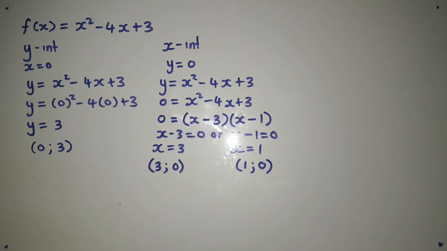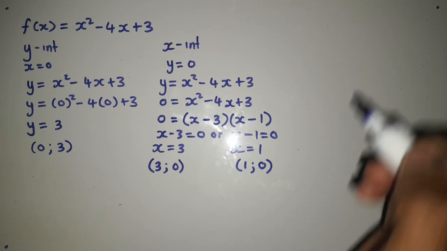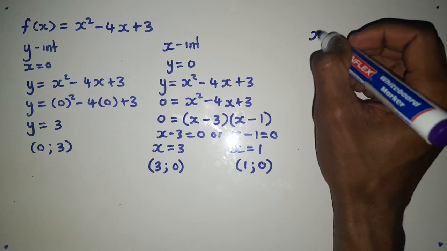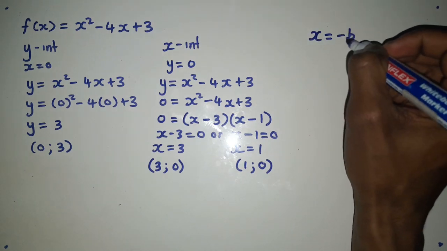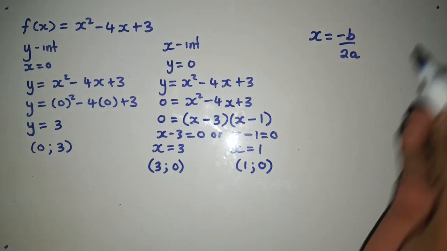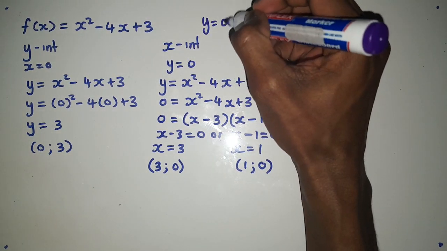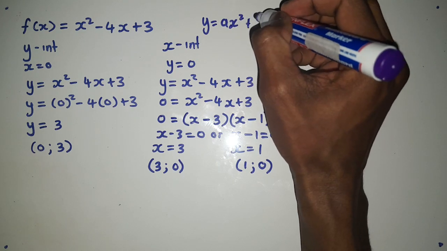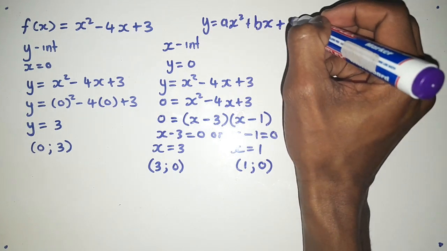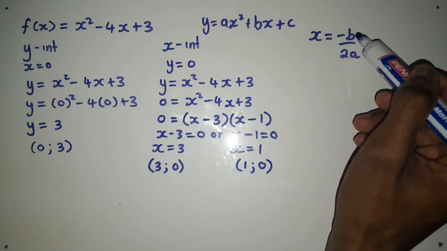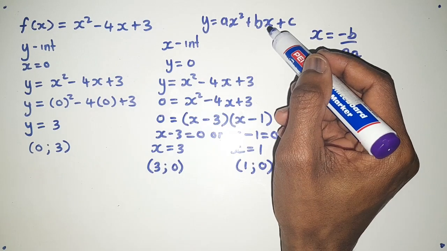In order for us to determine the turning point, we are going to use this formula to find the x value of the turning point: x equals minus b over 2a. Don't forget the general form: ax squared plus bx plus c. The value of b is the coefficient of x.